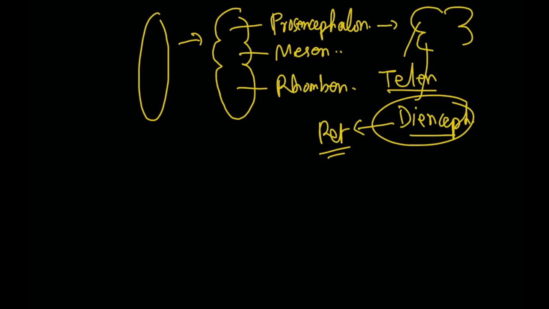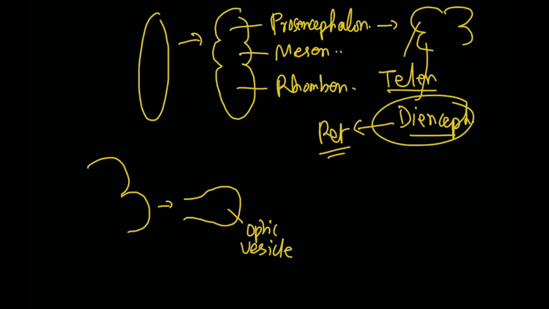How? See, this is going to be my diencephalon. It is going to protrude out to form an optic vesicle. This optic vesicle is going to elongate, and here you have an optic stalk having optic vesicle.